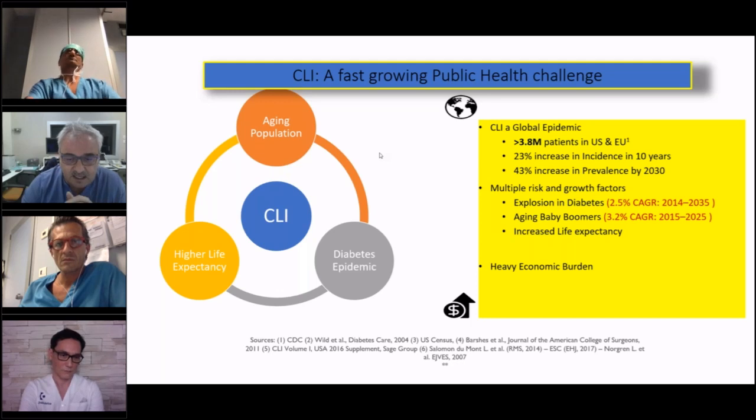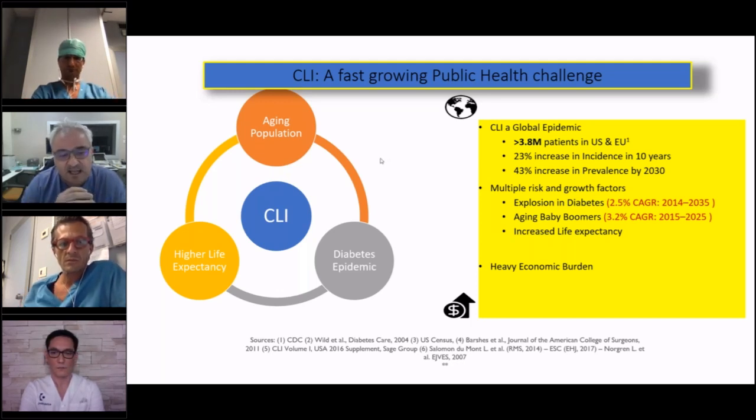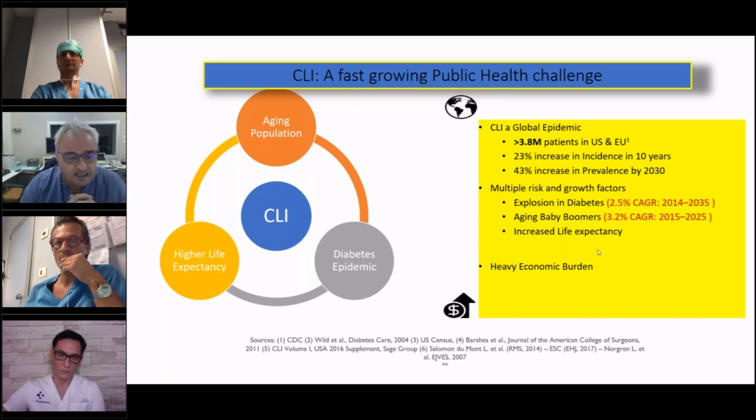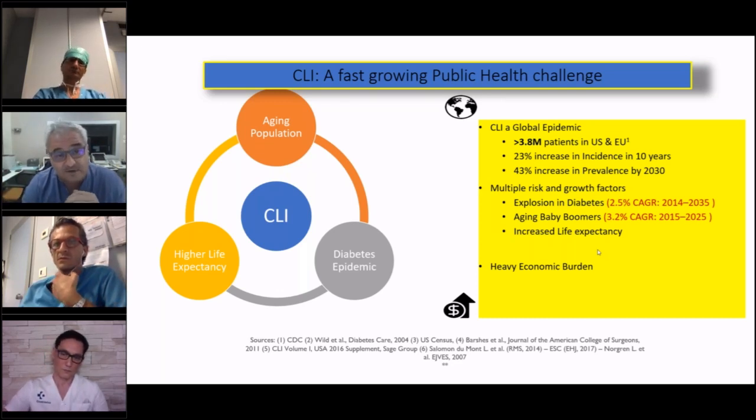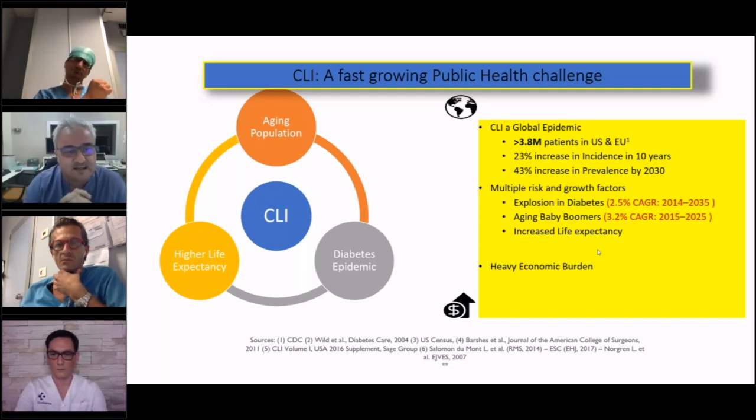And as you can see in this slide, the prevalence in the next 10 years is going to be higher and higher, reaching 43%. In some countries, together with diabetes, like in the Gulf countries, in the area of Dubai and Egypt and Saudi Arabia, we still have 43% prevalence in diabetes mellitus.